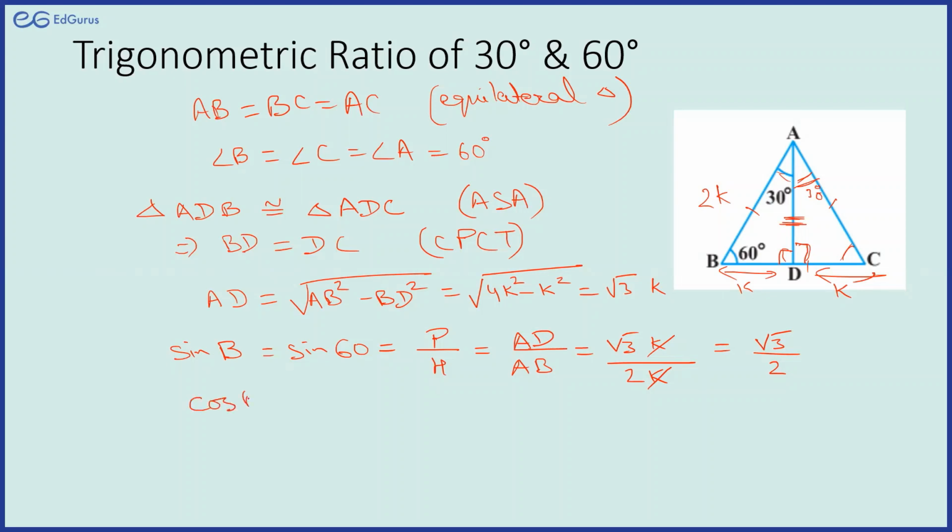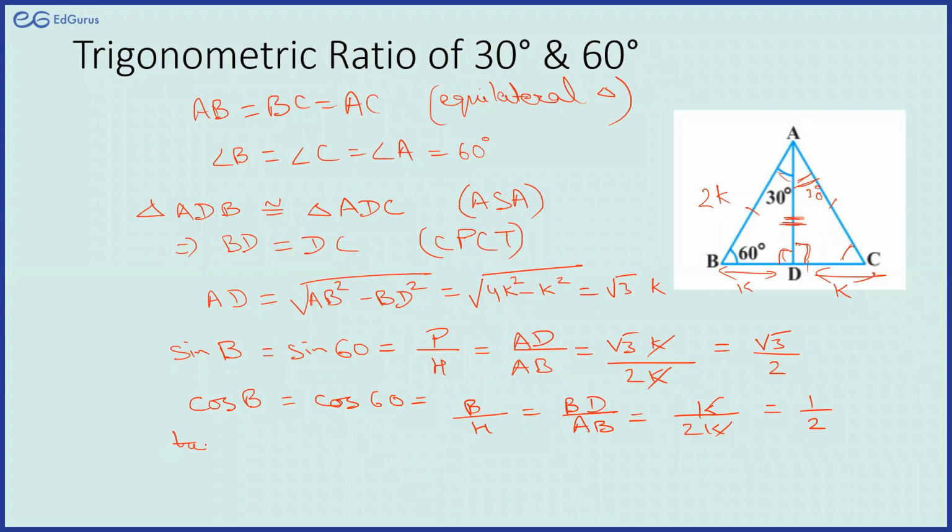Cos B will be cos 60, which is base upon hypotenuse, which is BD upon AB. So it is K by 2K. So this will be 1 by 2. Okay.